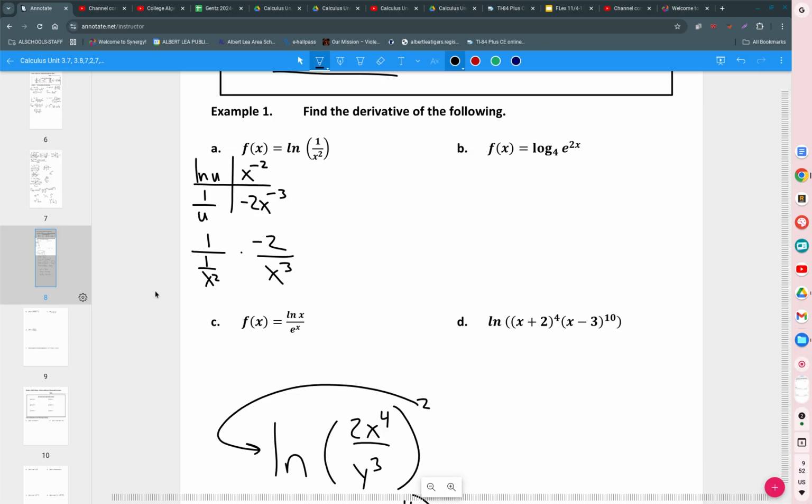What is 1 over x squared? Just x squared, right? You just multiply by the reciprocal. So we get x squared over 1 times negative 2 over x cubed. What happens? Yeah, so I get negative 2 over x, and that's my derivative.